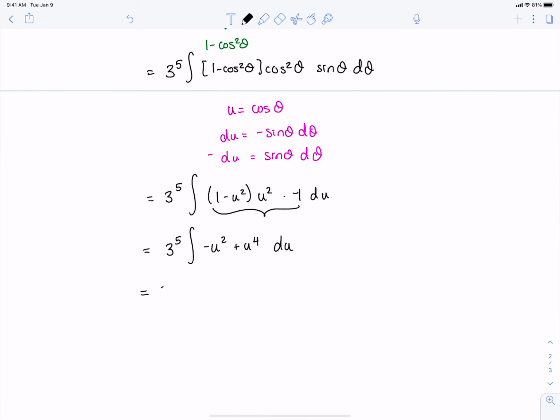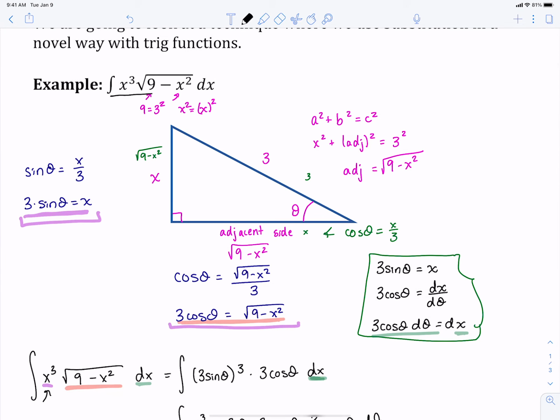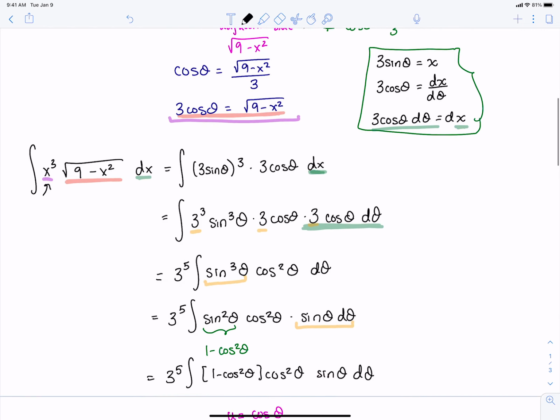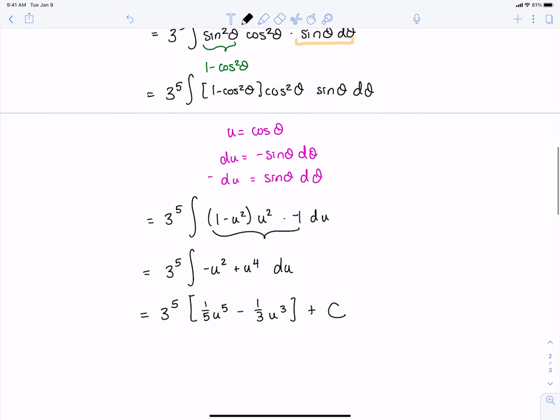And this we can take the integral of, so we get 3 to the 5th, and maybe we'll write this in a slightly different order: 1/5 u to the 5th minus 1/3 u to the 3rd. Now we have to substitute back. Remember, our variable was not u; our variable originally was x. We've done 2 types of substitution, so we're going to have to substitute back twice.